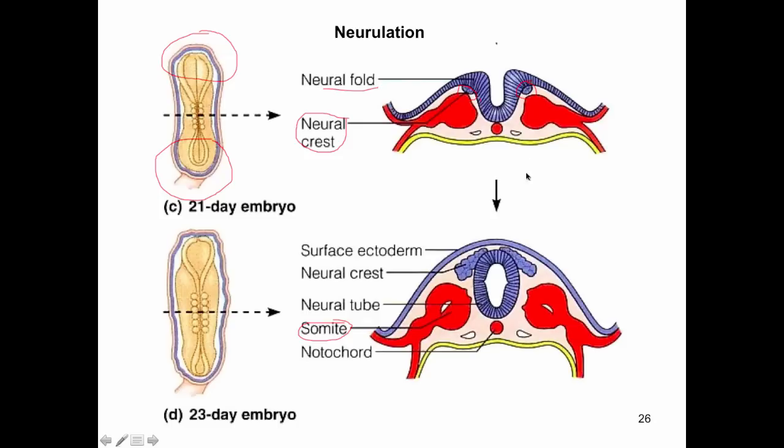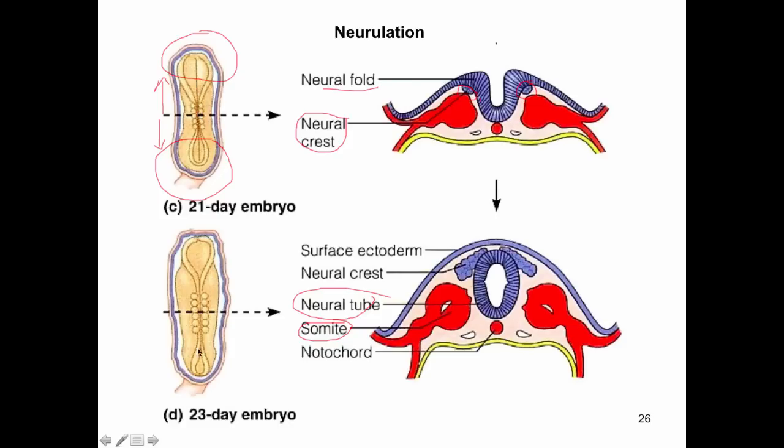Okay. So this neural fold gets deeper and deeper until finally it forms what's called the neural tube. The neural fold starts to seal off to form the neural tube around the center of the embryo, and then it seals in both directions, towards the head and towards the tail at the same time. So it's like a two-way zipper. It zips up and it zips down. Okay?